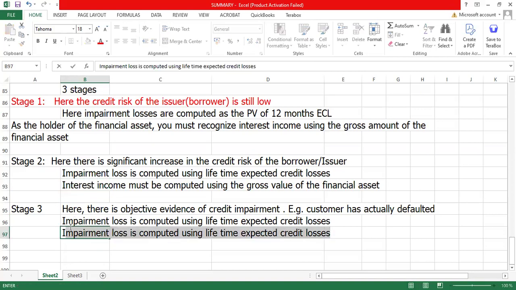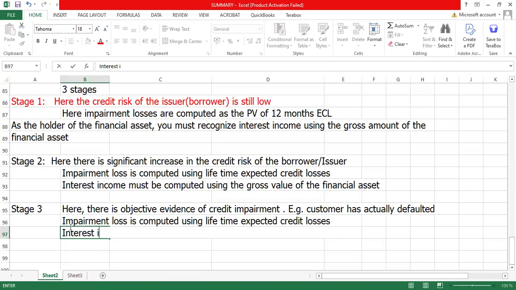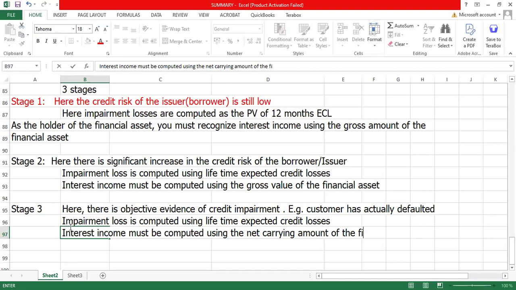As for you, the holder, as you recognize the interest income, this interest income must be computed using the net carrying value, not the gross. You must use the net carrying amount of the financial asset. And how do you get this?